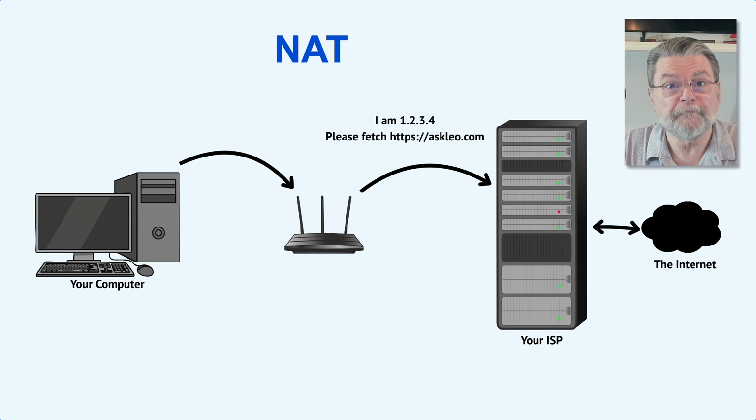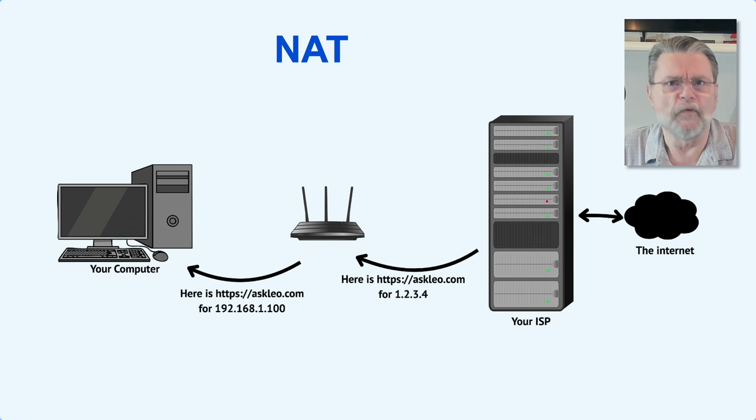Now, to the internet, it looks like the router is making the request. Remember, the internet cannot see your internal IP address, so the router translates from the internal address, 192.168.1.100, to the external, 1.2.3.4 in my example here. When the response arrives, that same translation happens in reverse.